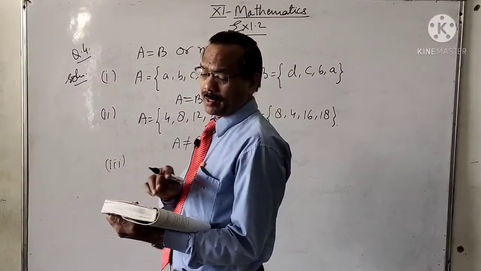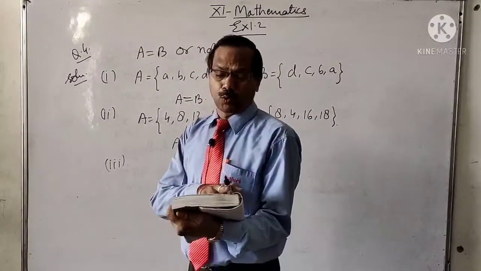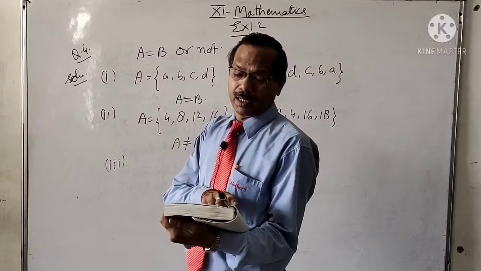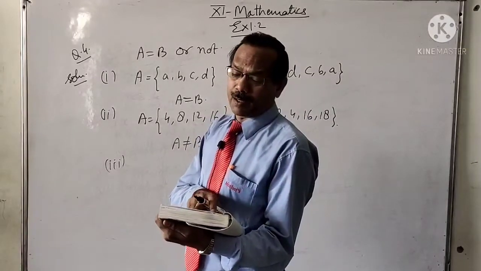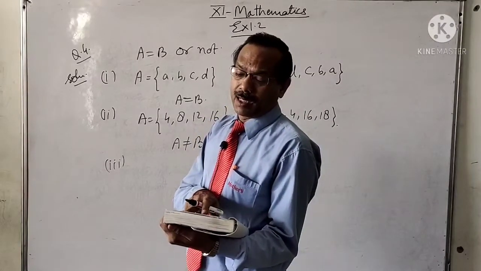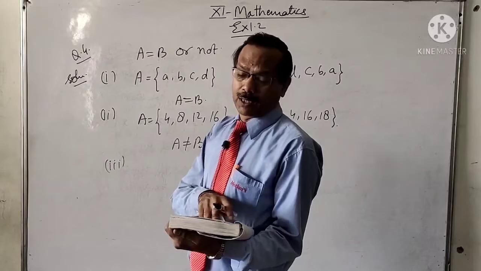Third part, A equal to 2, 4, 6, 8, 10. B is x, a positive even integer less than or equal to 10. Both are equal.